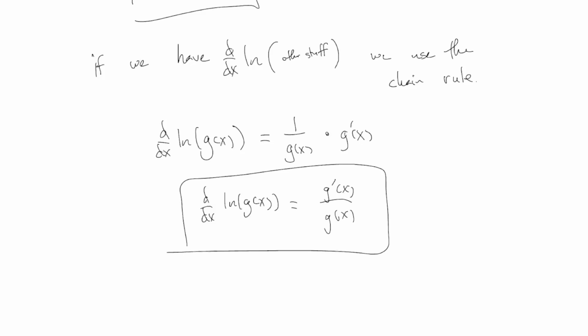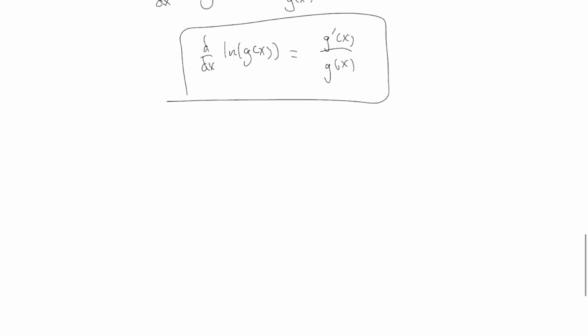But anyway, can we just do a few examples like this? So for example, derivative of something like ln of x squared plus 5x minus 1. What is it? Well, you could use the box there. The g is just that quadratic polynomial. Or you could do the chain rule. I'm going to just do it using the chain rule step by step, which is basically the same as the box.